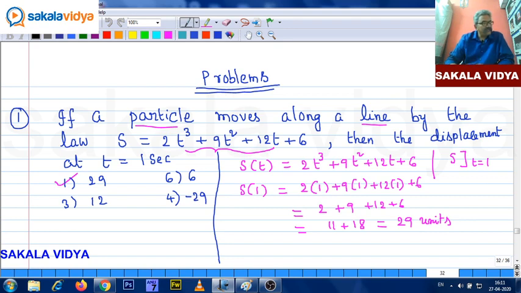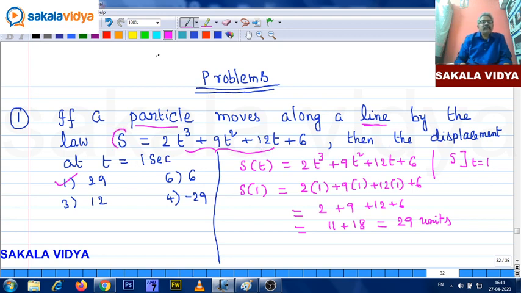This is the first question, you can note down. Once again I repeat this question also for you. If a particle moves along a line by the law 2t cube plus 9t square plus 12t plus 6, then the displacement at t equal to 1 second.